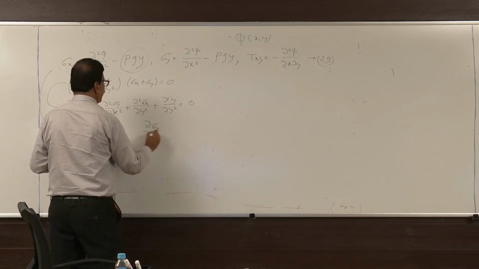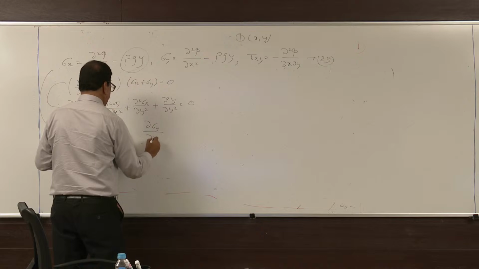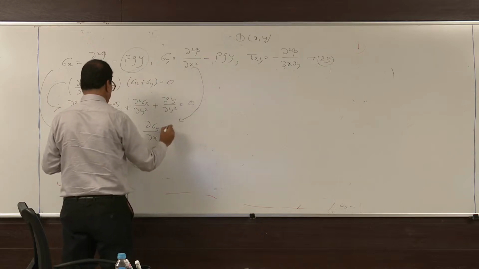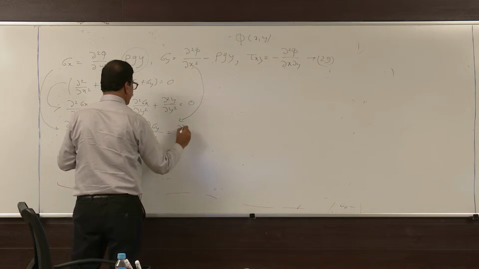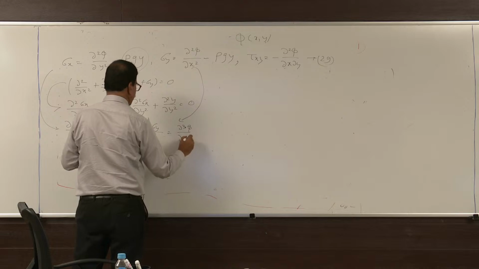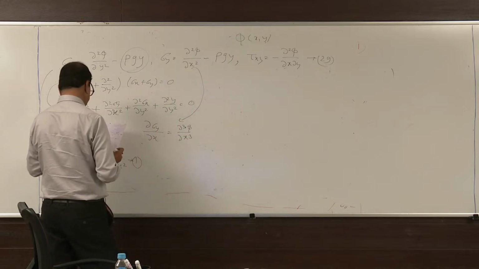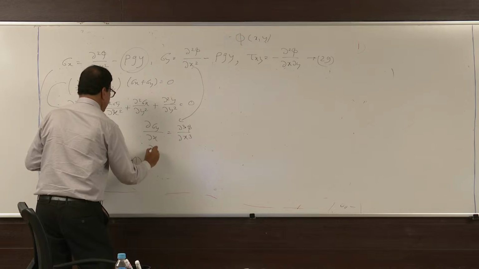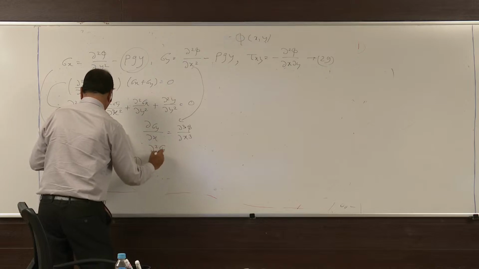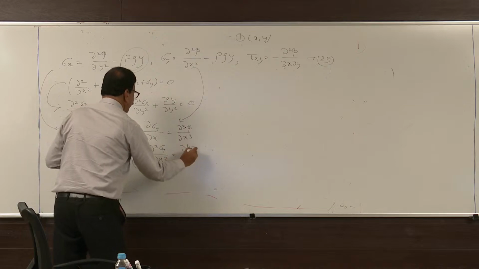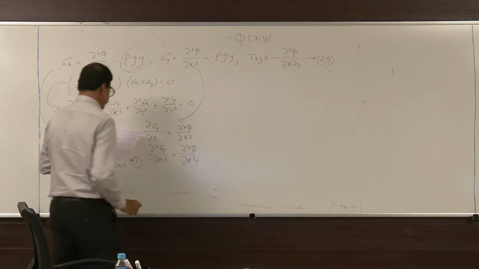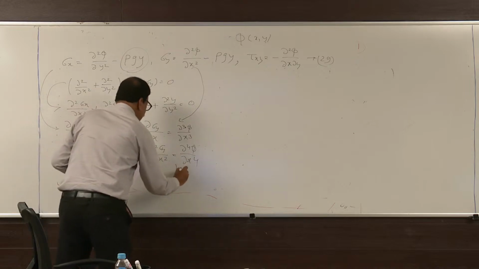Del sigma y upon del x is equal to del cube phi upon del x cube. Again del square sigma y upon del x square is equal to del 4 phi upon del x 4. This is the second.